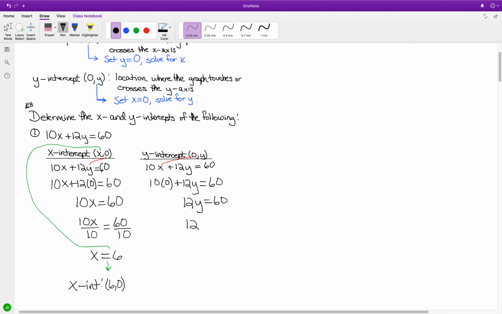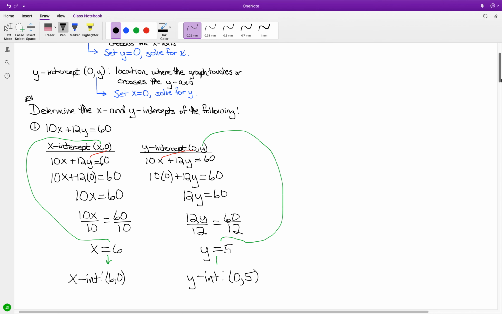Solving for y, with division by 12, we end up at y equal to 5. The value 5 signifies the y value of the y-intercept, so the y-intercept is on the y-axis at y equal to 5, which in coordinate fashion is (0, 5).